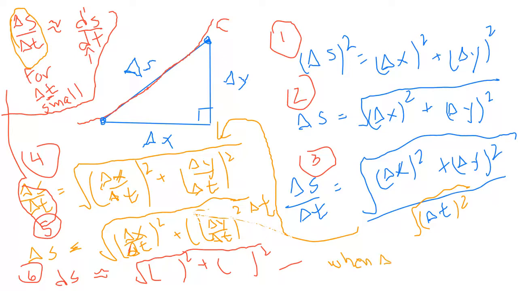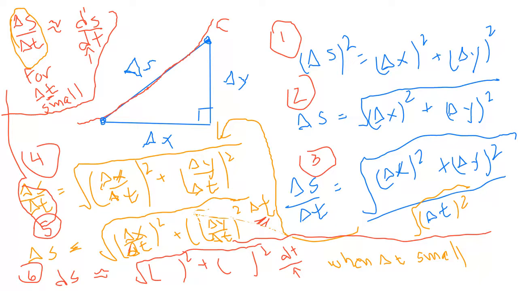So now when delta t is small, I'm focused on step 6. ds is approximately equal to something squared plus something squared, something. Well, what's going to go here, class? We had a delta t here, so we're going to have a dt here. Good, Hunu.